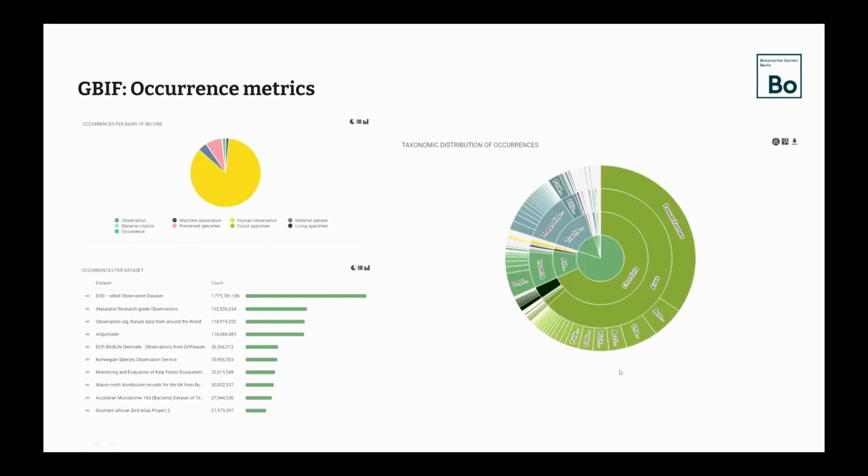There is a strong bias towards observation data in GBIF from citizen science projects. Half of the data is from eBird. So if you look at the taxonomic metric, you can see that 2/3 of the records in GBIF are on birds.